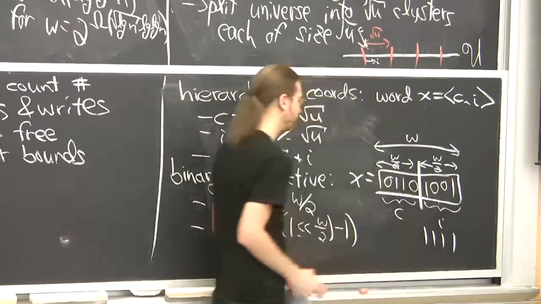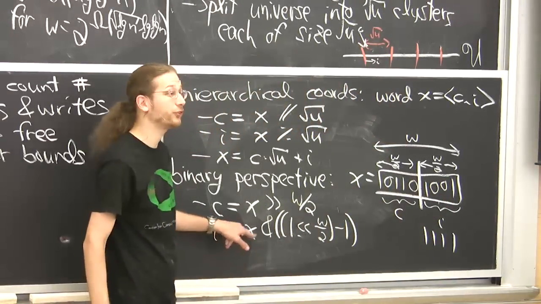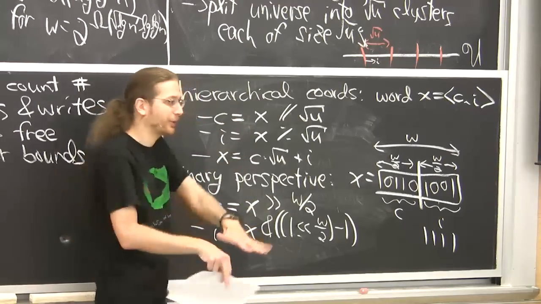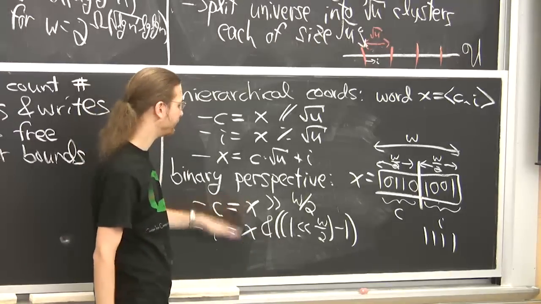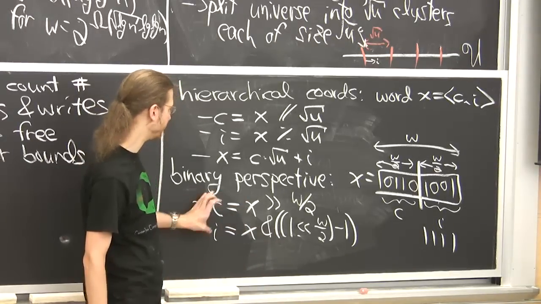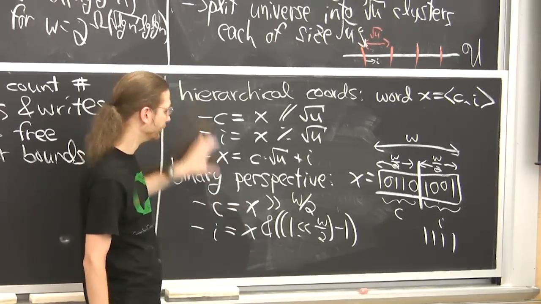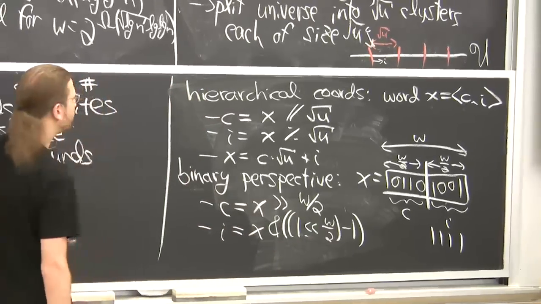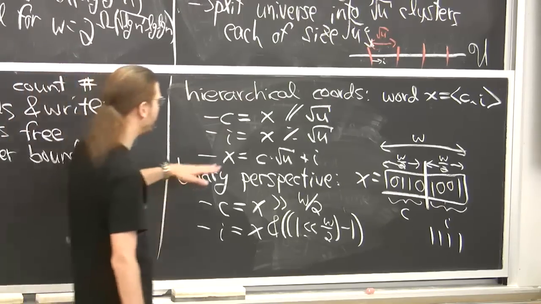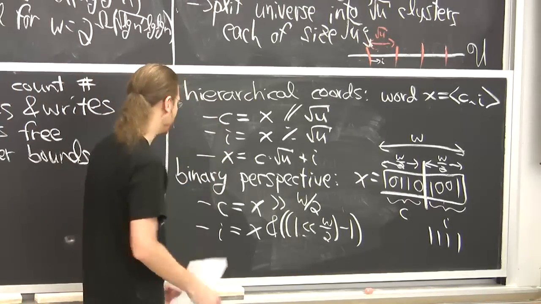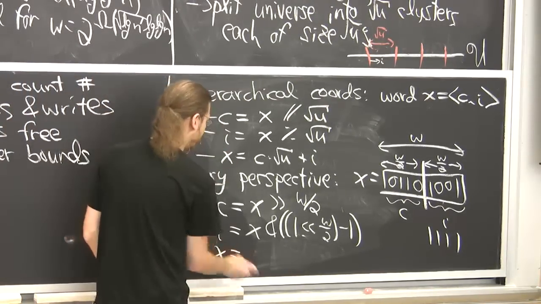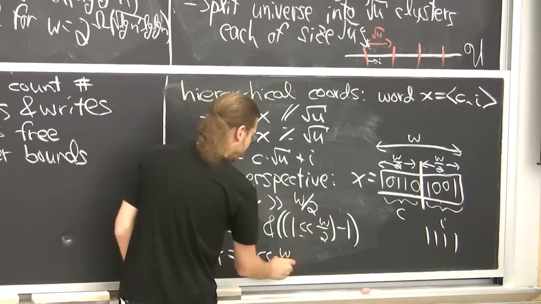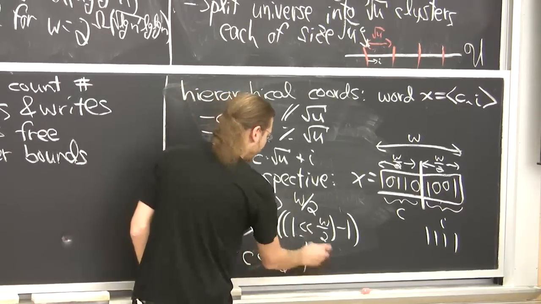Then I'll just get the low order bits. And computers do these super fast, way faster than integer division, because this is just like routing bits around. So this is easy to do on a typical CPU, and this will be much faster than this code, even though it looks like more operations typically. All right, so the point is I can decompose x into c and i. Of course, I can also do the reverse. This would be c shifted left by w over 2, ORed with i.